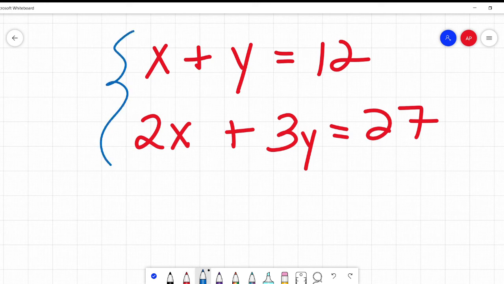What we're talking about is a real world equivalent of this, I should say, would be if someone was telling you a math riddle, because why not? Why wouldn't one of your friends just be telling you math riddles on a Friday night? And they said, I have this charming riddle for you. I have 2 numbers I'm thinking of, and when I add them together, I get 12. If I multiply the first one by 2 and the second number by 3 and add them together, I get 27. What numbers am I thinking of?